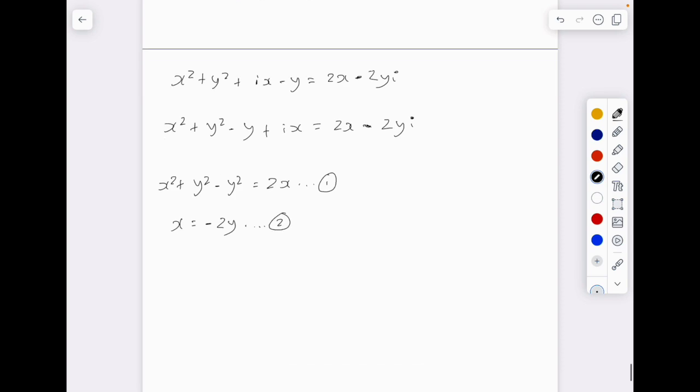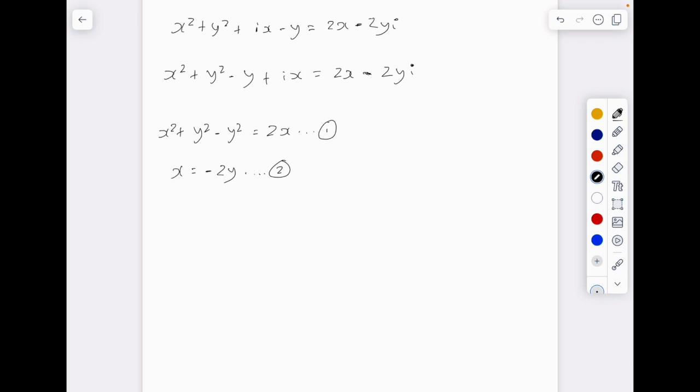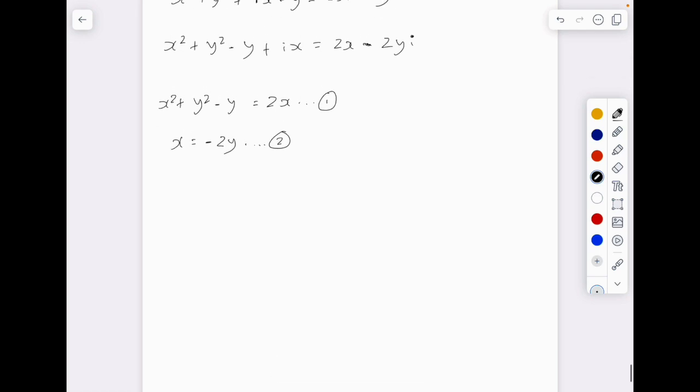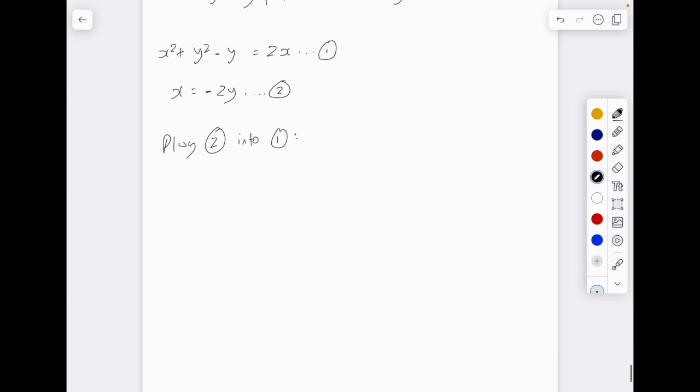Okay. Excuse me, and this should be y. Okay, so what I'm going to do now is plug 2 into 1. What do we get when we do that? Well, what we get is the following: negative 2y squared plus y squared minus y is equal to 2 times negative 2y.